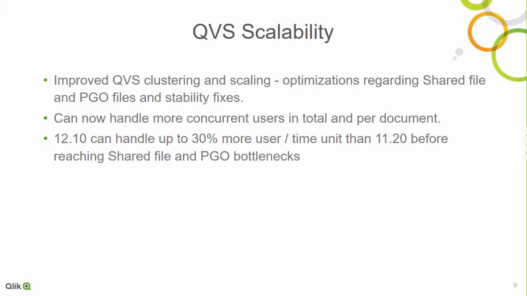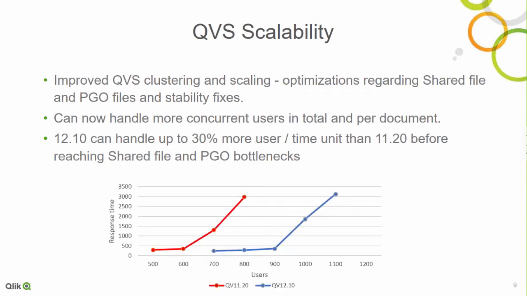So obviously you might have other bottlenecks that you're hitting, but if those are your bottlenecks, you will see an improvement with 12.10, or it seems very likely at least. We have some response time measurements here based on users. As you can see, 12.10 will handle quite a bit more users before the response times start to increase. So that's pretty exciting.